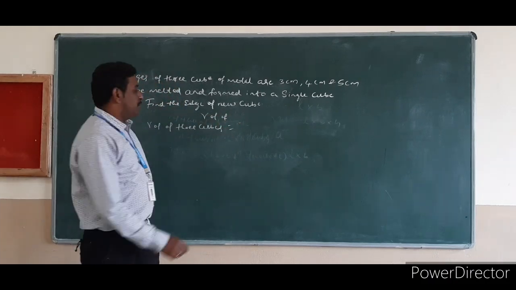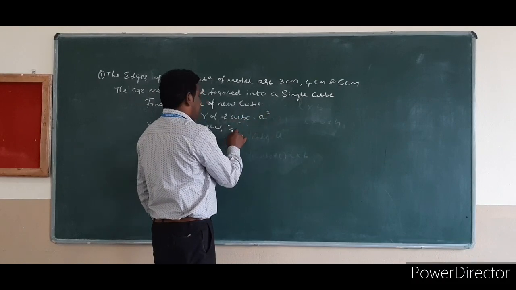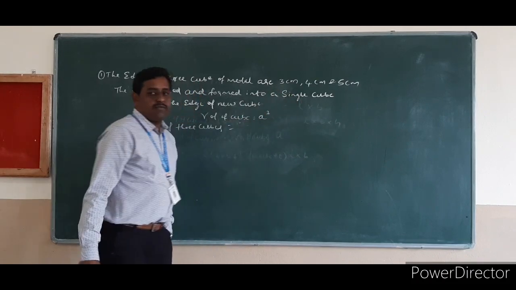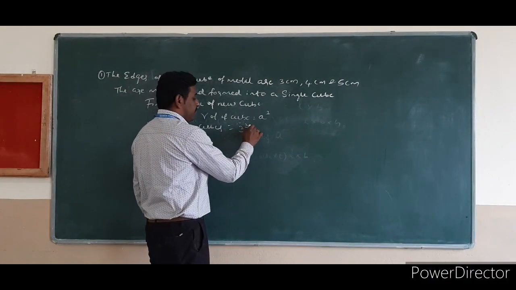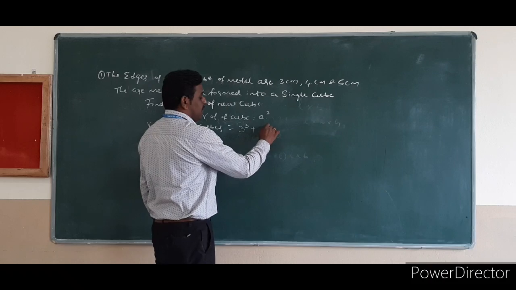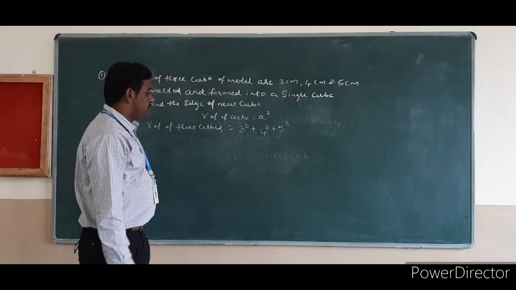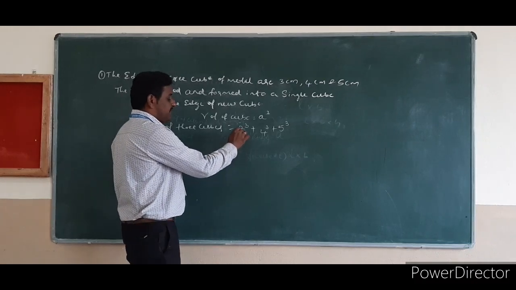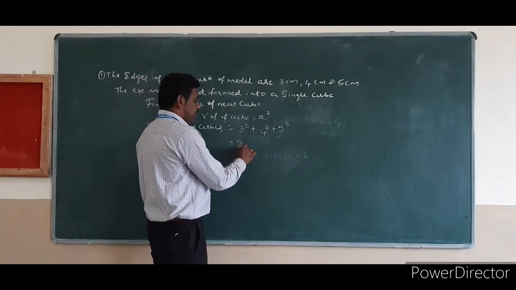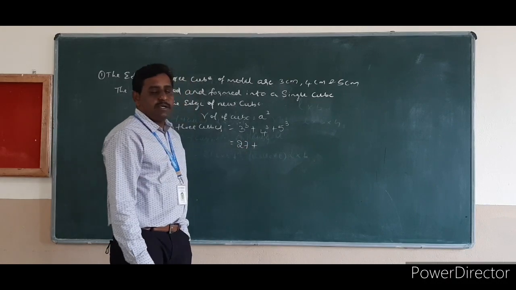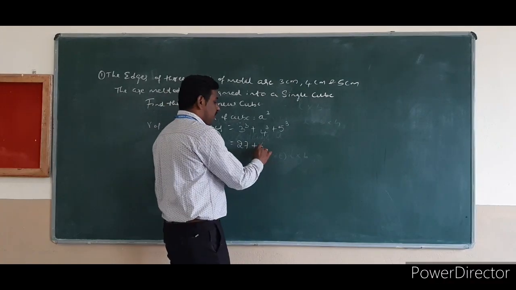Volume of a cube is equal to A to the power of 3. The first side is 3, so 3 cube plus 4 cube plus 5 cube. 3 cube: 3 3s are 9, 9 3s are 27. 4 cube: 4 4s are 16, 16 4s are 64.